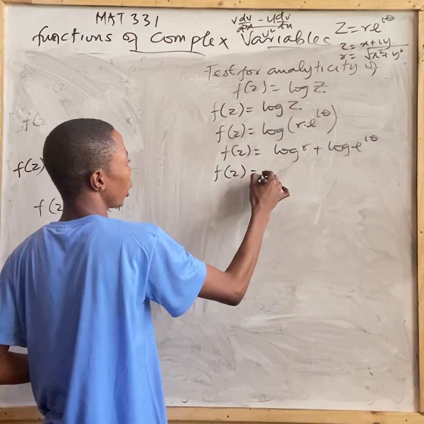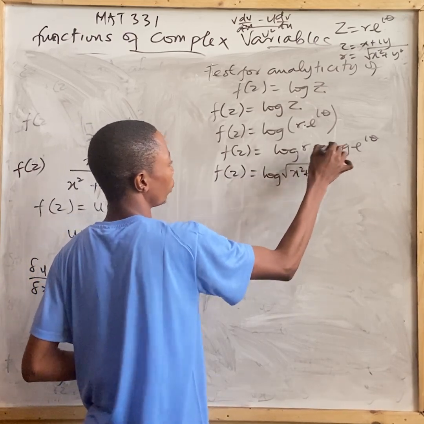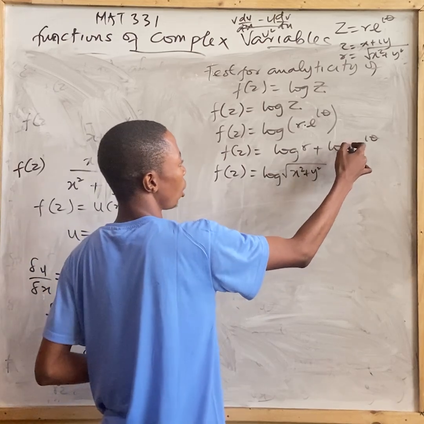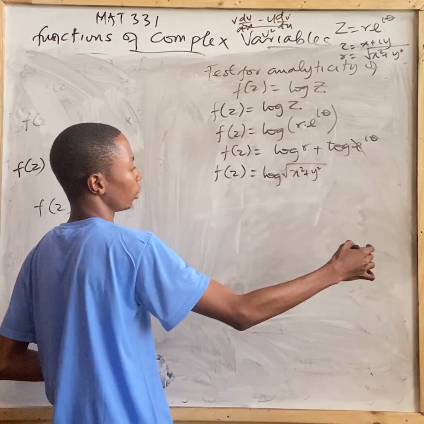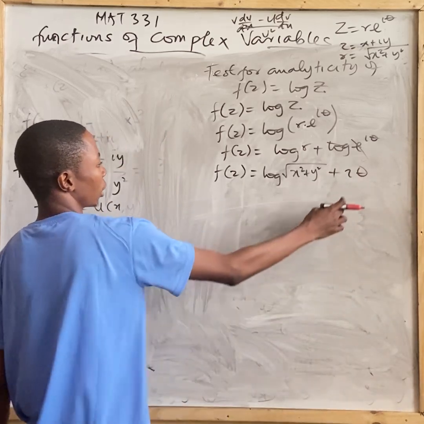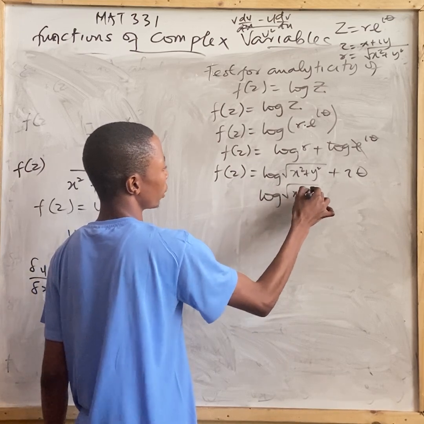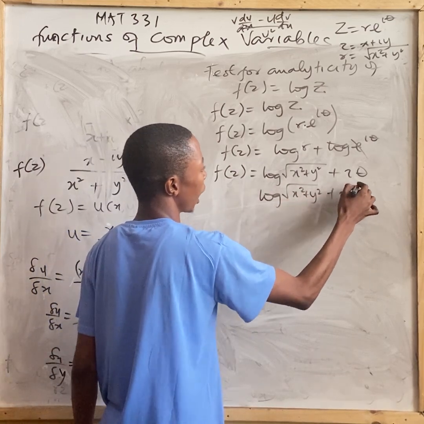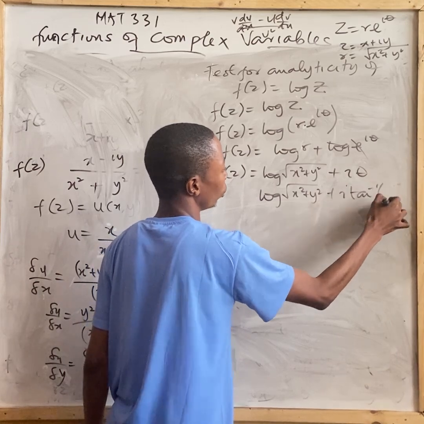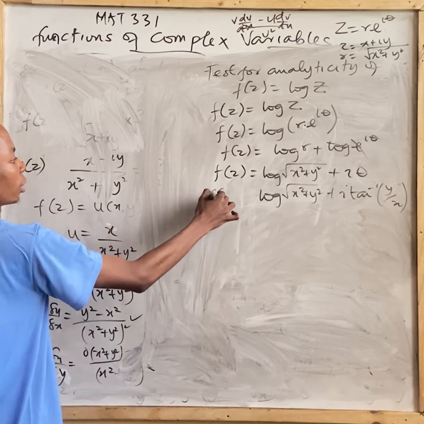So this is log square root of x squared plus y squared, and log and e cancel out, remaining i theta. Theta is the argument, so f of z is log square root of x squared plus y squared plus i tan inverse of y over x. So this is our function.